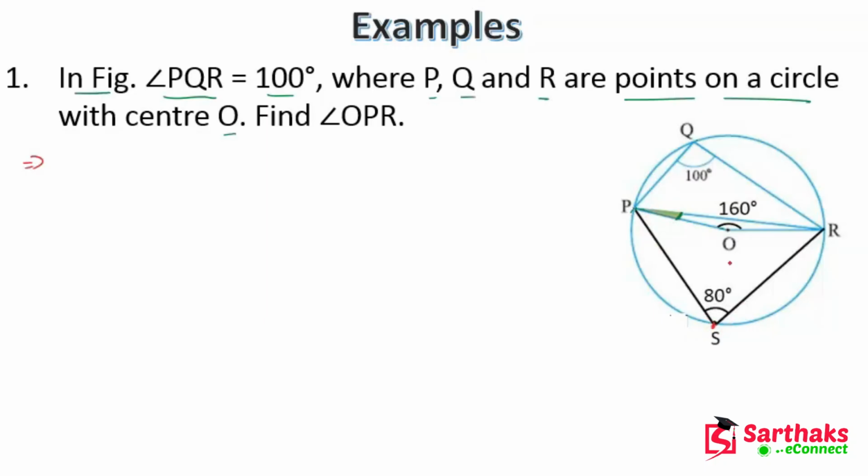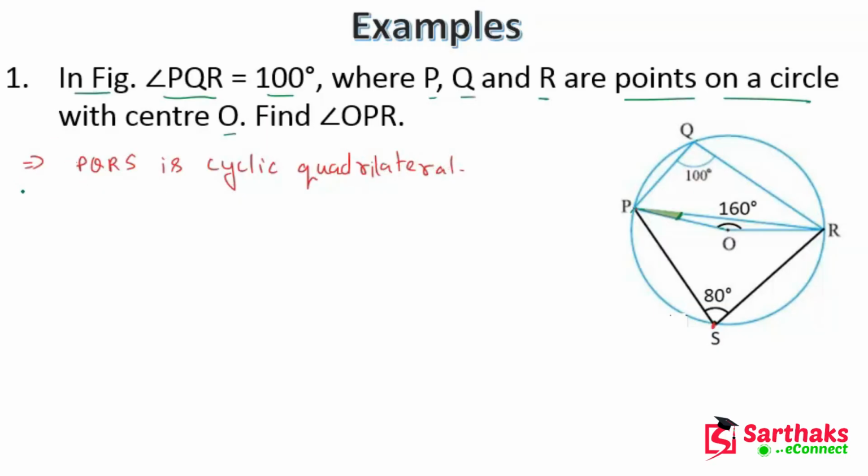If we join these, we get PQRS, which is a cyclic quadrilateral. We know that PQRS is a cyclic quadrilateral because these points are on the circle.